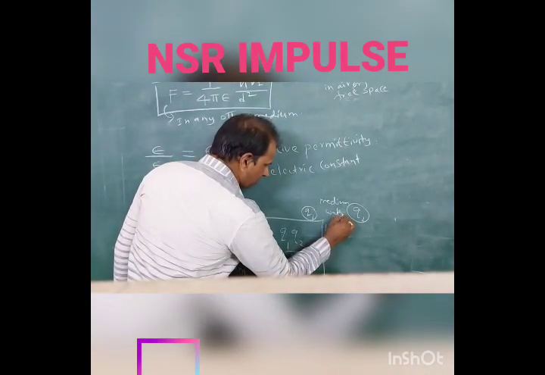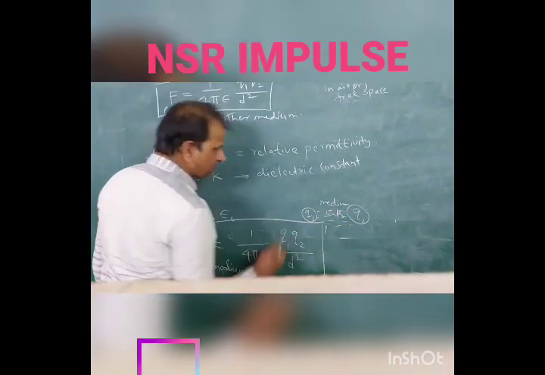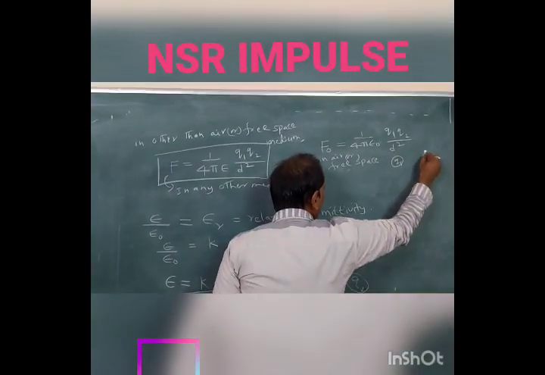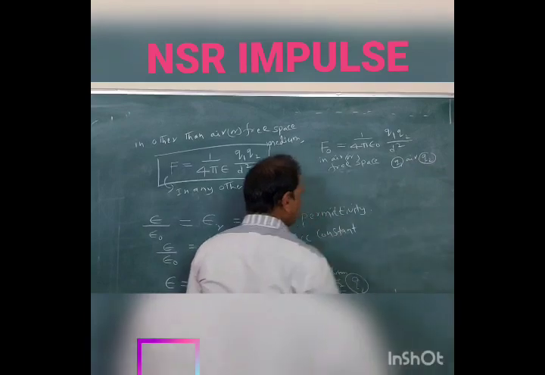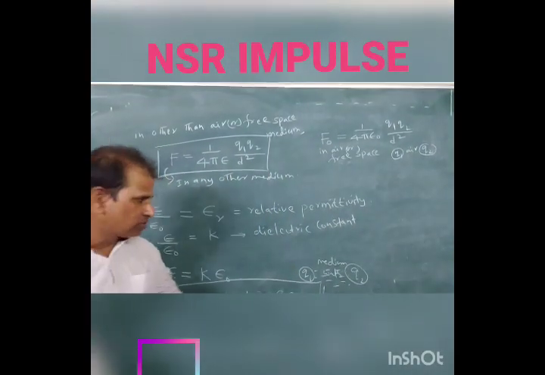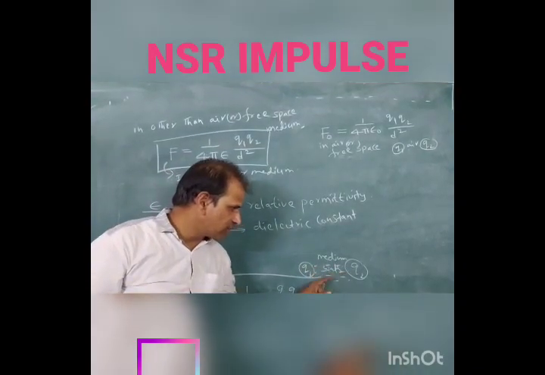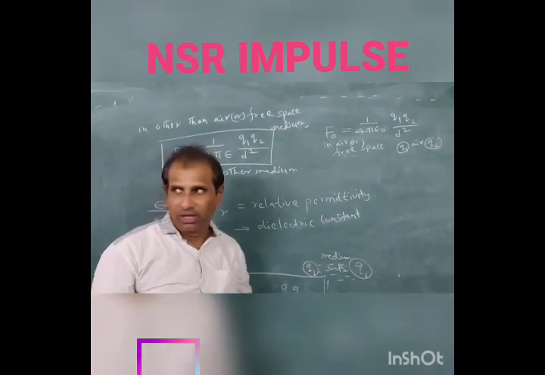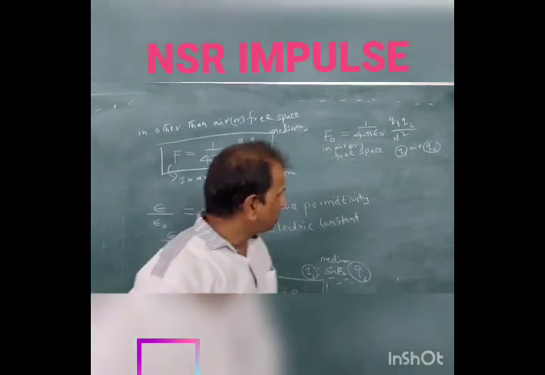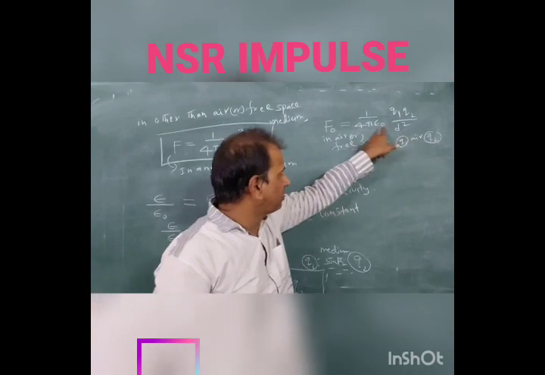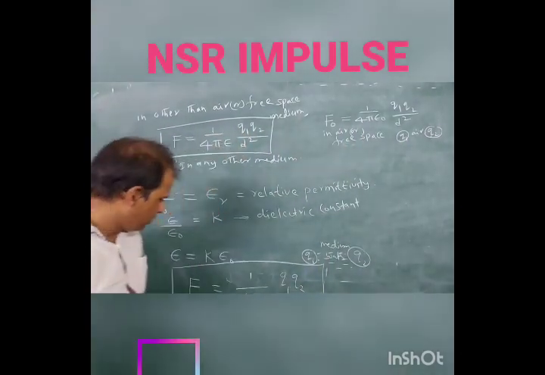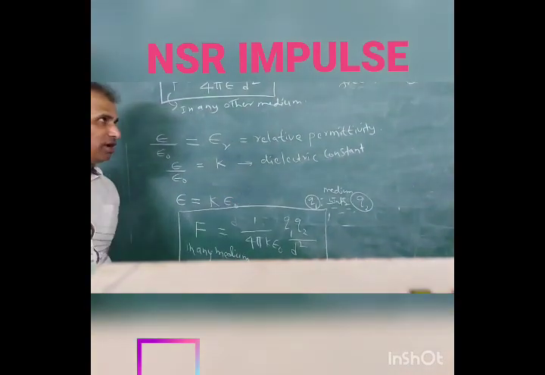Let us take this as water medium. Both are separated in water. Here, the same two charges Q1, Q2 are separated in air medium or vacuum. Free space means vacuum. So when separated in air medium, we can write F0. When separated in water medium, we can write this one as K epsilon naught.